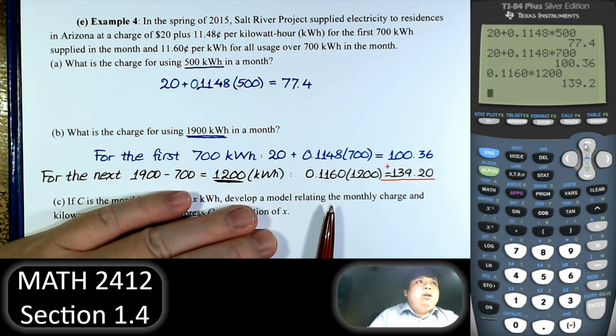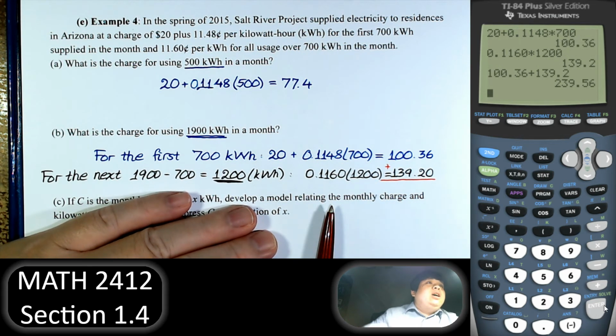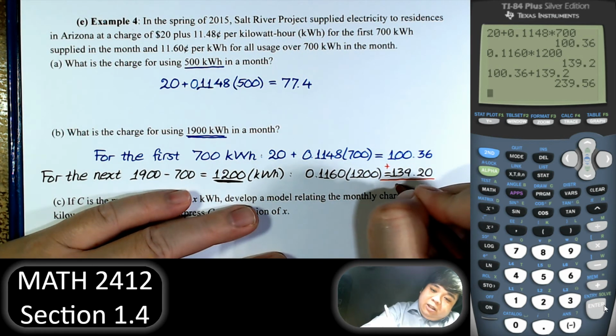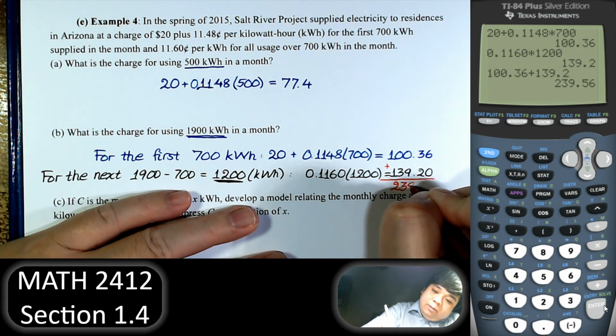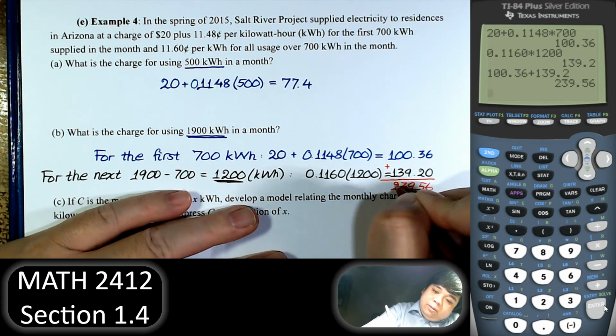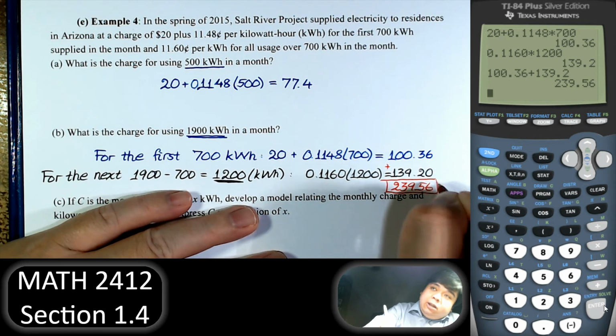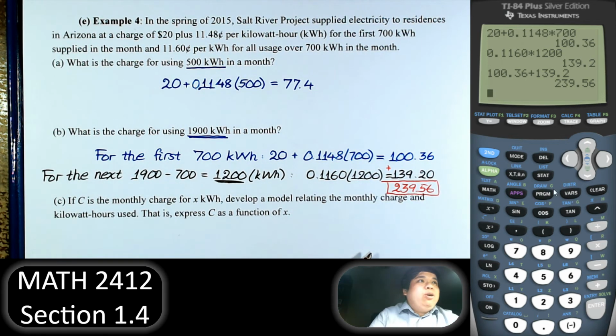So yeah, highlight that number, hit enter, copy and paste, 239.56. So that's what we have. By the way, if your calculator cannot do the highlight, you can always hit second enter.